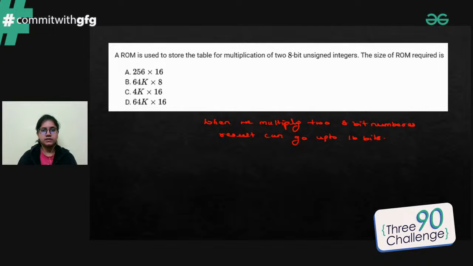This is in the previous question I covered. So we need 16 bits for each of the multiplication results.